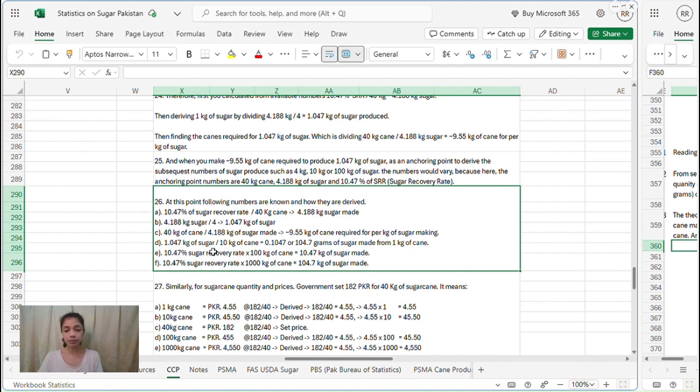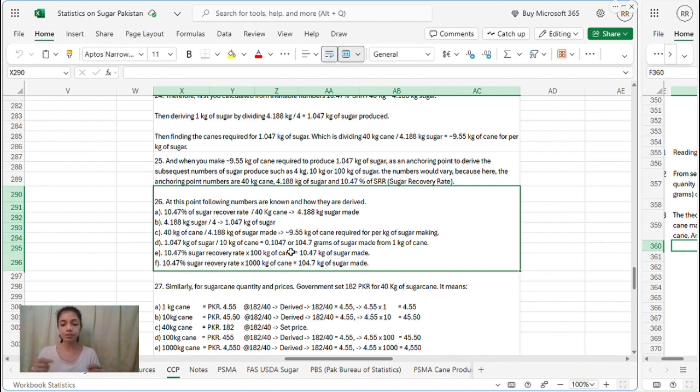Then we had 1 kg of sugar, we divided it with 10 kg of cane, and then we got to know, which was equivalent to 104.7 grams of sugar made from 1 kg of cane. So when we divided 1 kg of sugar with 10 kg of cane, we actually spread the total quantity of 1 kg of sugar across 10 kg of canes.